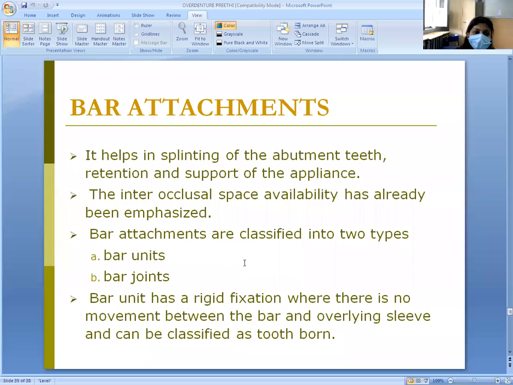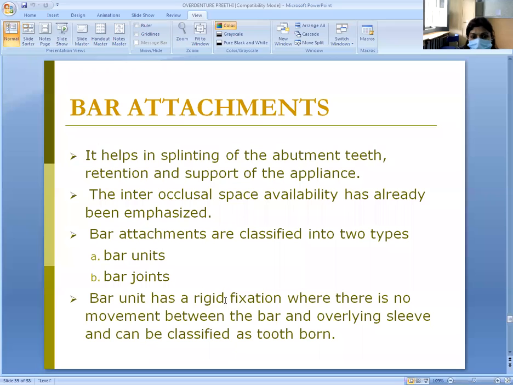Bar attachment. Bar attachment again helps in splinting the abutment teeth. The bar is given onto multiple teeth, so it helps in splinting, retention and support. Interocclusal space availability has already been emphasized. Bar attachments are classified into two types: bar units and bar joints. When no movement is possible, you call that attachment a bar unit, and when minimal movement is possible, you call it a bar joint.